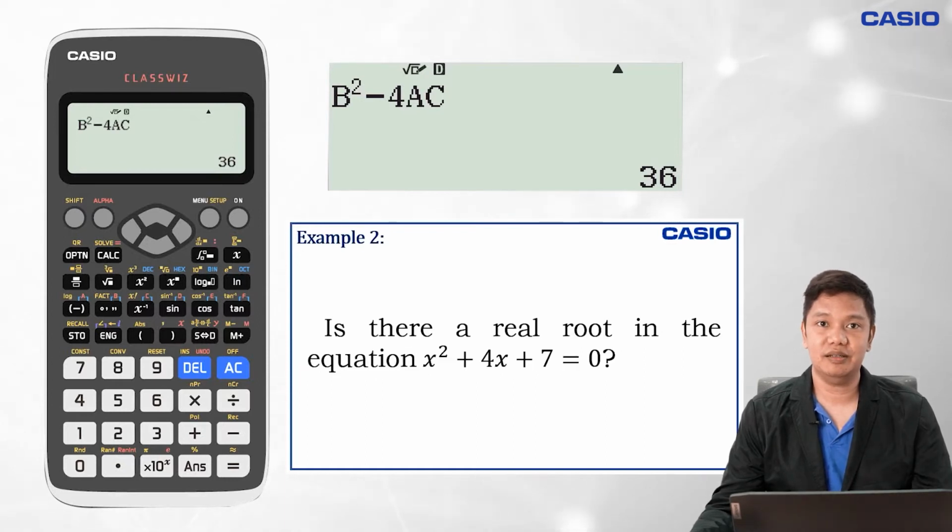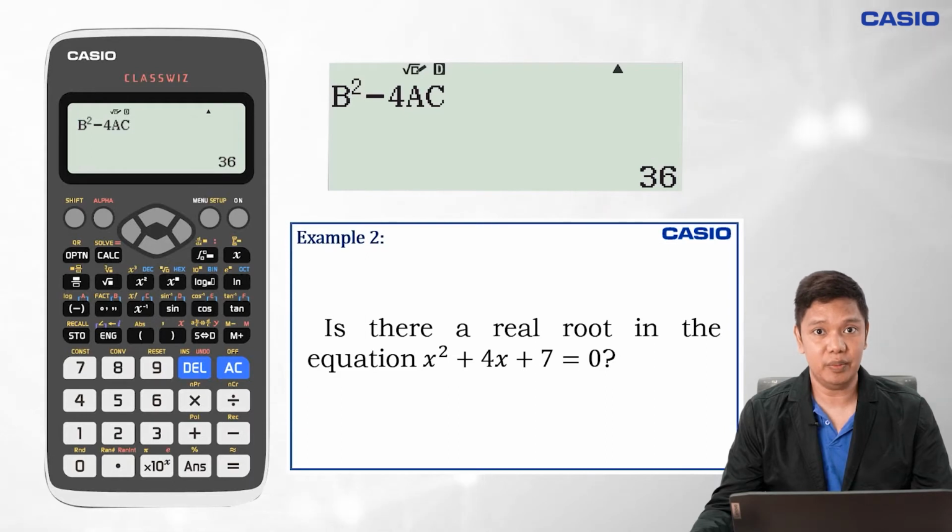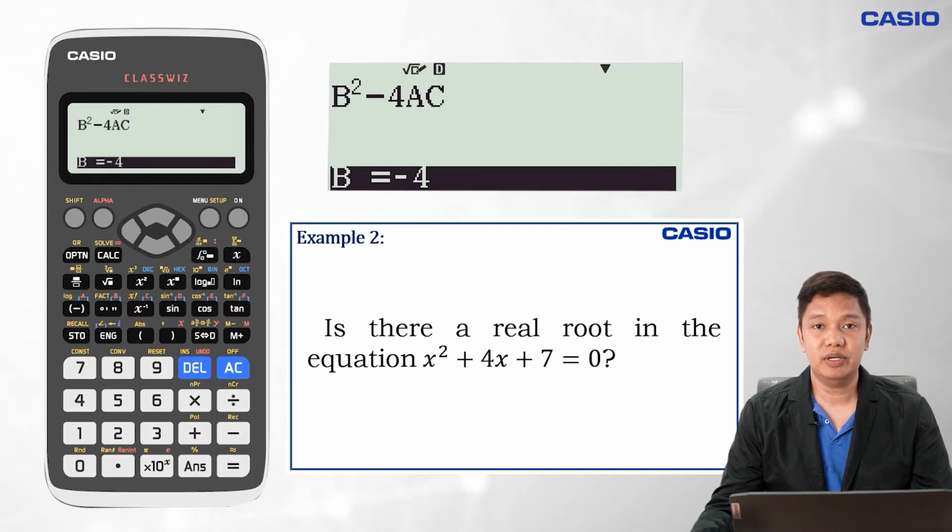Let us now consider the next example. In this example, we are asked if there is a real root in the equation x squared plus 4x plus 7 is equal to 0. To do so, again, we need to compute the value of the discriminant. Since our discriminant is already set up in our CASIO CLASSWIZ, we just need to press calculate again to input the values of the numerical coefficients.